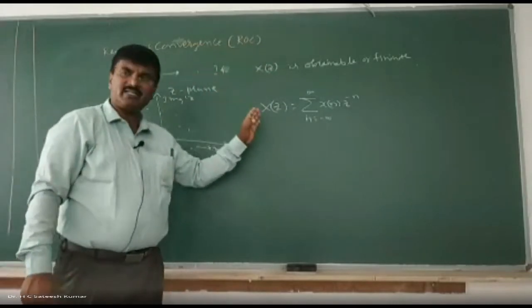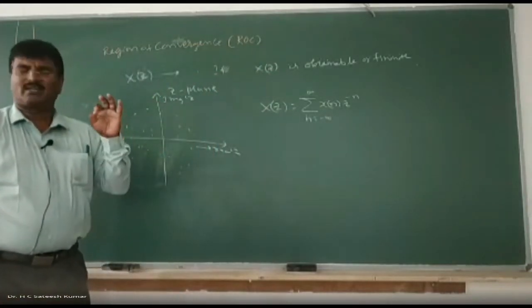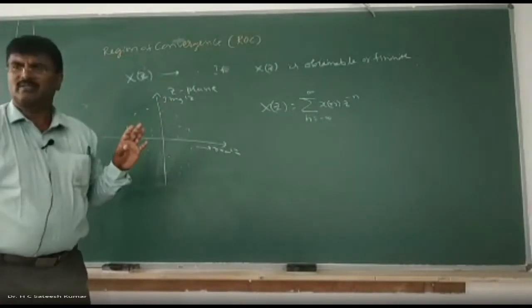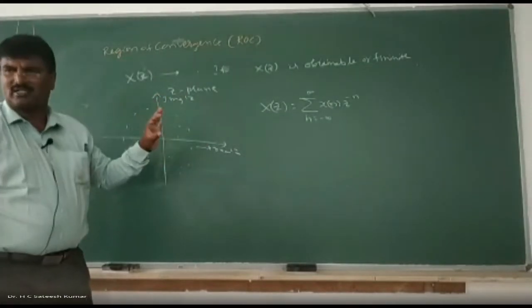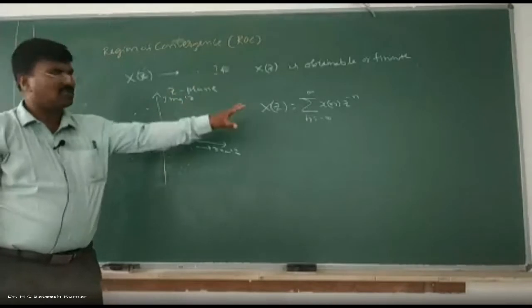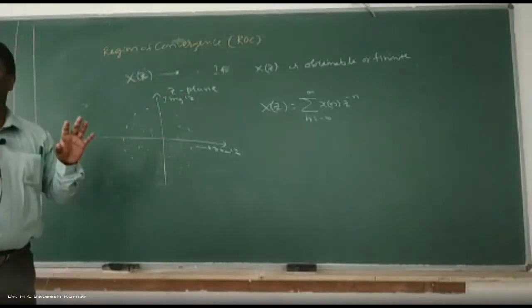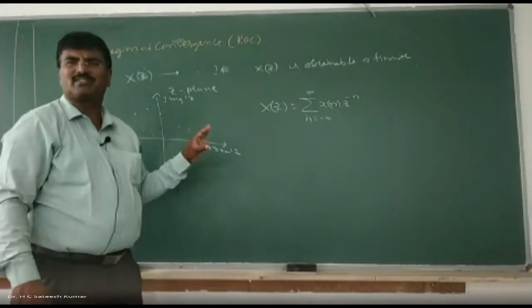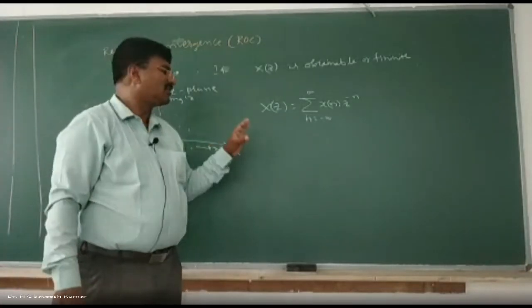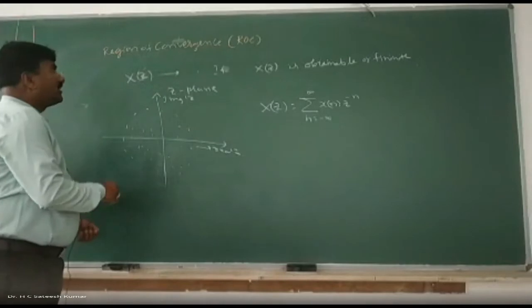Then the region of convergence, or ROC, is the region specified in the z plane for which x of z is obtainable. So this is a very, very important definition.